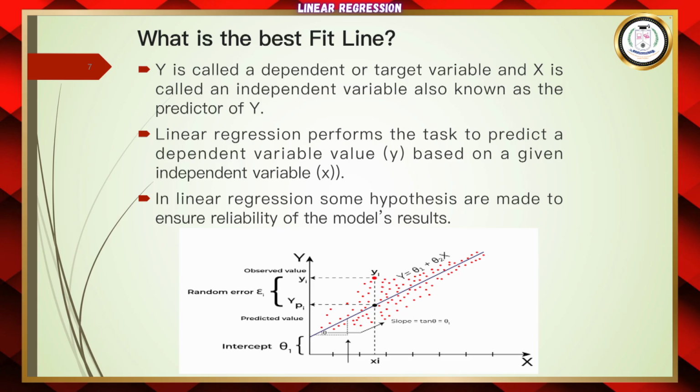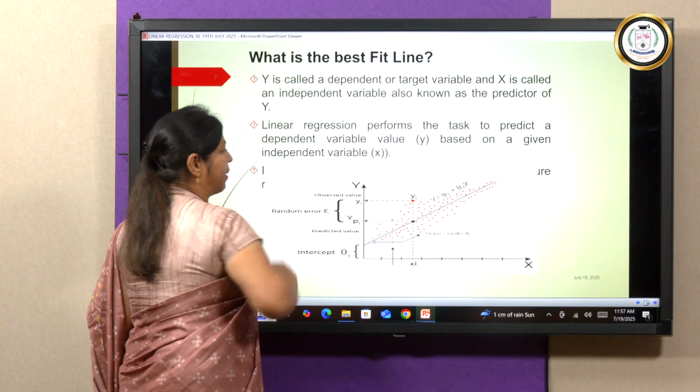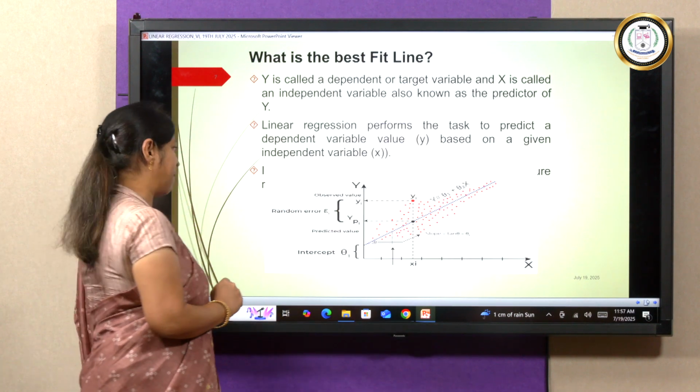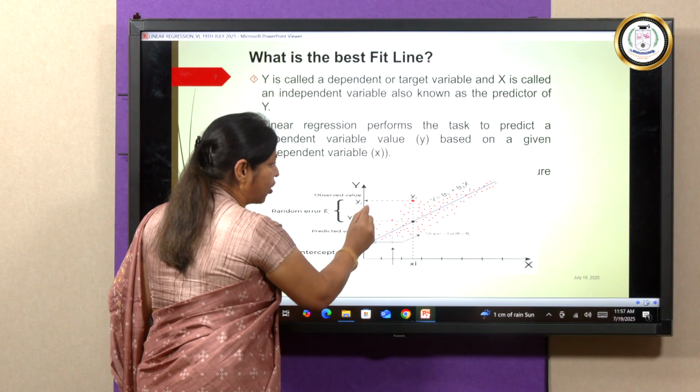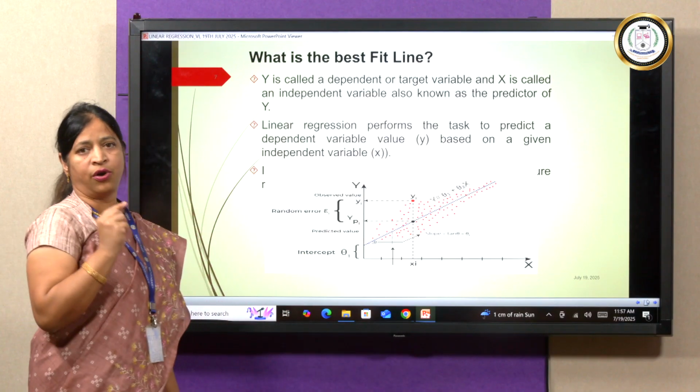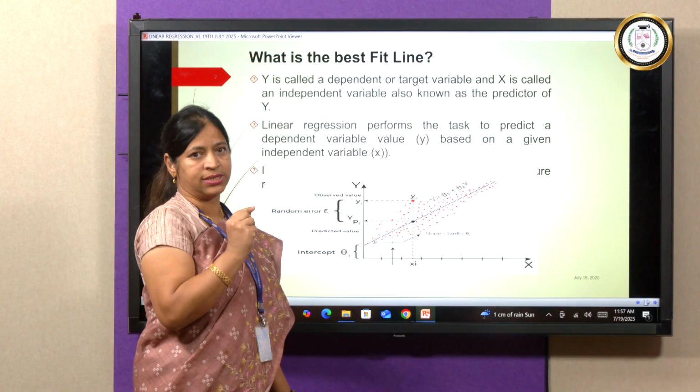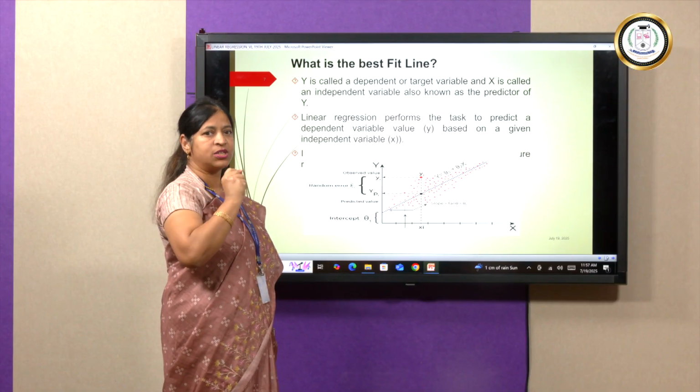In this figure, this is the best fit line and this is the x parameter, the independent parameter. This is the y parameter, the dependent parameter. When you look here, all the red points are known as data points. Each point represents one record.